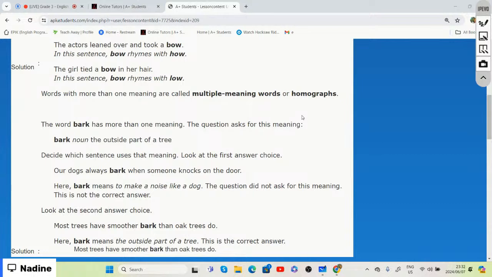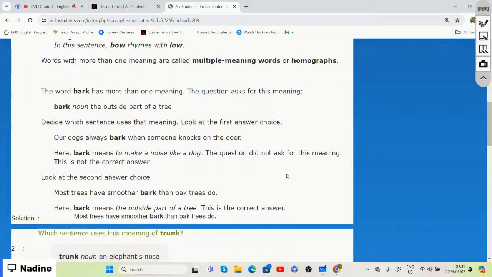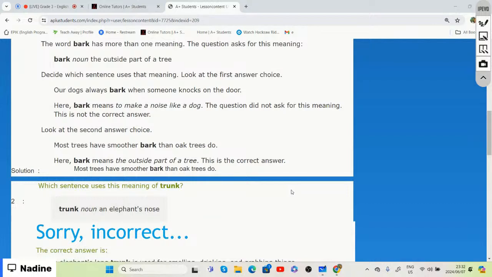All right. So now we're going to the next one. Trunk.